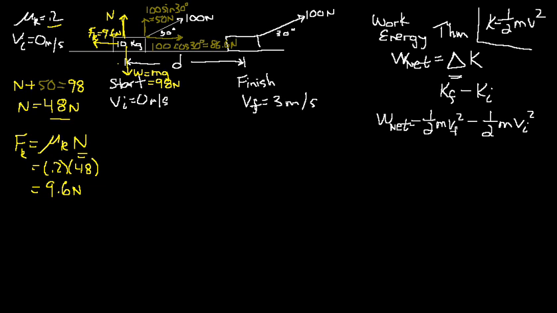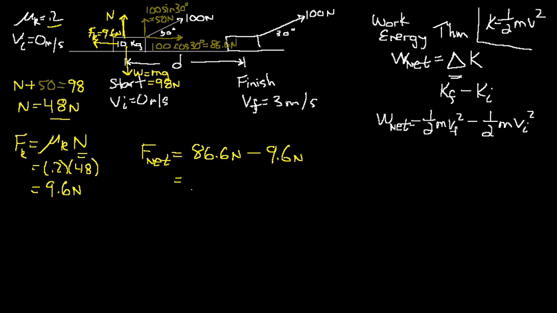So the only two vectors that are left to be considered in this problem are the friction vector and the component of the 100 Newton force that's horizontal. And so the total force, which is the net force on this block, is going to be the 86.6 Newton force from the rope component minus the force of friction, which we said was 9.6 newtons.